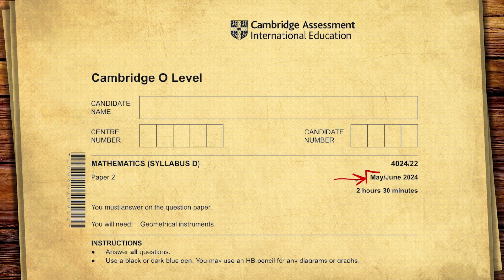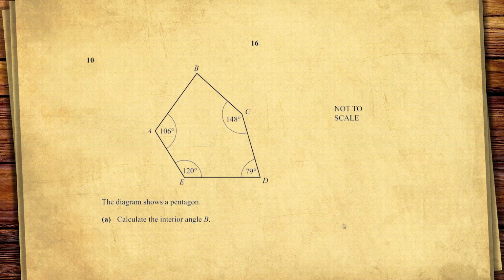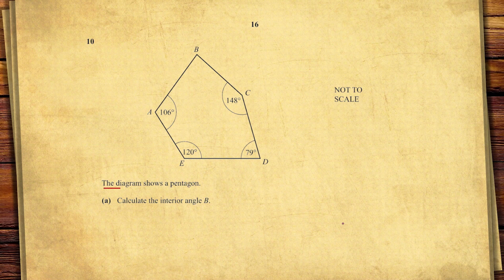Now we move to May-June 2024, Paper 2, Variant 2. And the question concerning trigonometry is this. The diagram shows a pentagon, and a pentagon has 5 sides. 1, 2, 3, 4, 5. So A, B, C, D, E is a pentagon.